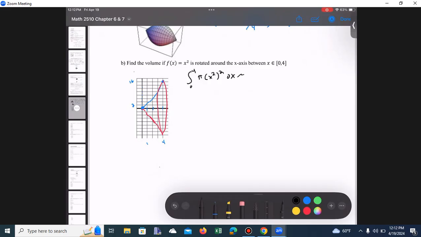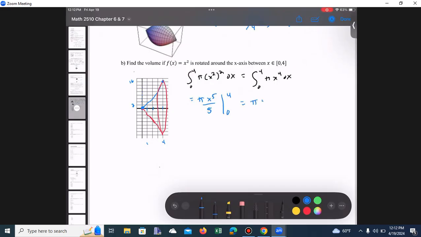And so we'll get the integral from 0 to 4 of pi x to the 4th dx. When we integrate this, we'll get pi x to the 5th over 5, integrated from 0 to 4. The 0 limit again makes that 0, so we don't have to worry about the bottom limit.